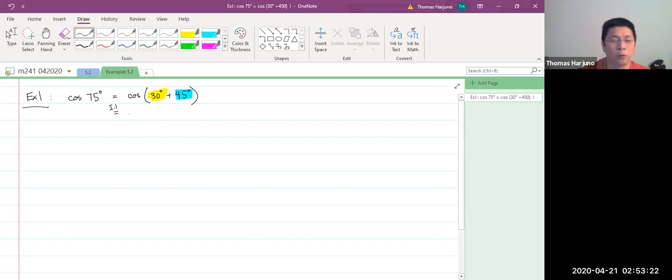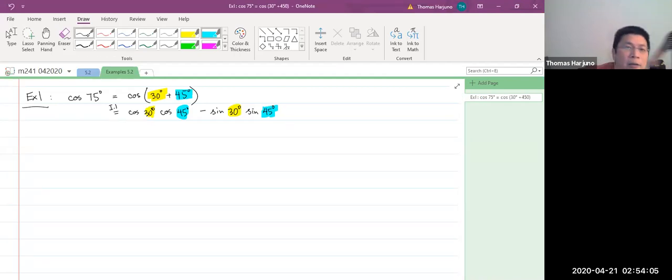So formula 1, 1 will be cosine alpha times cosine beta minus sine alpha sine beta. I just apply the formula. That's why you need to memorize that formula.